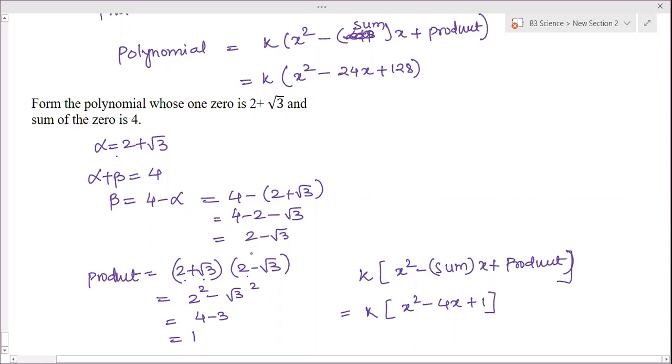Ma'am, your screen froze for me. Fifth and sixth, you can solve in exactly the similar way.